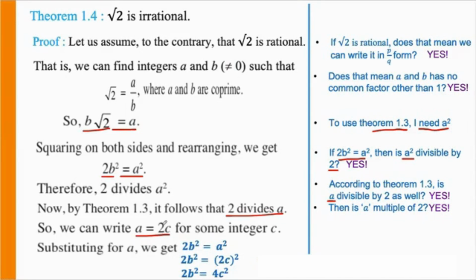Now substituting for a, if I put this value of a is equal to 2c into this equation, we get 2b square is equal to a square. In place of a, we are going to write 2c. So we get 2b square is equal to 2c the whole square. That gives us 2b square is equal to 4c square.